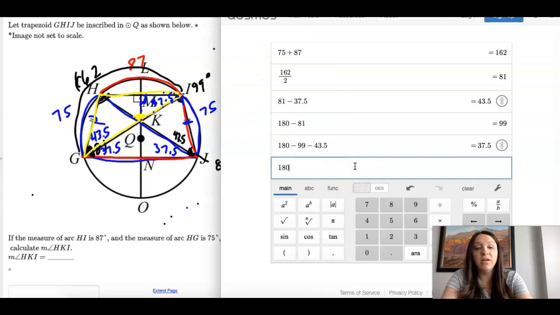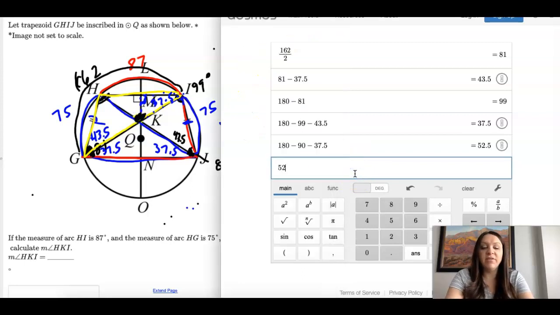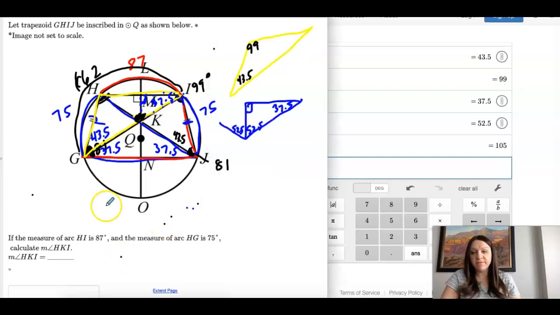So 180 minus 90 minus 37.5. So this angle's 52.5. So that means over here would be 52.5 because that's cut in half. So in order to find the full angle here, I'm going to take 52.5 plus 52.5, which is 105.